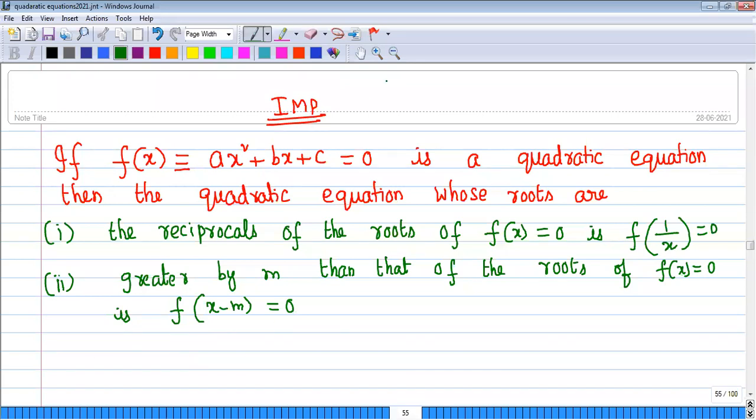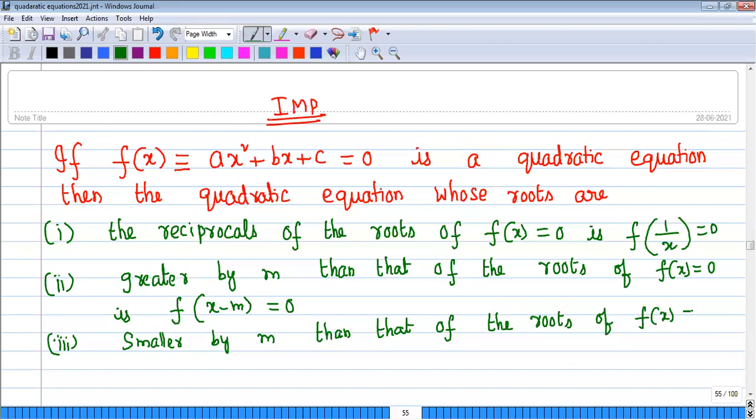Next, third point. Smaller means a difference. Smaller by m than that of the roots of f of x is equal to 0.